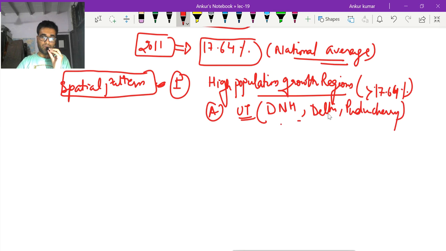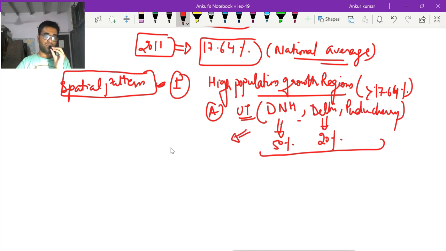For example, Delhi witnessed a decadal population growth of 20%. DNH witnessed a population growth of 50%. And the reason for this more than average decadal population growth was very simple: in-migration. In-migration was very high in these urban towns. So this was the main reason.